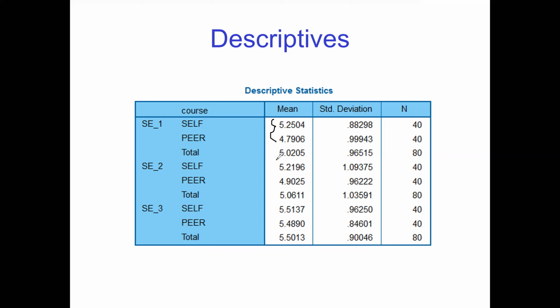At this time point, self performs better than peer. And at this time point, very small difference, but self performs better than peer. So that might be a significant difference. It might not. We are just working from descriptives. We certainly don't know. But looking at descriptives is always a good idea.